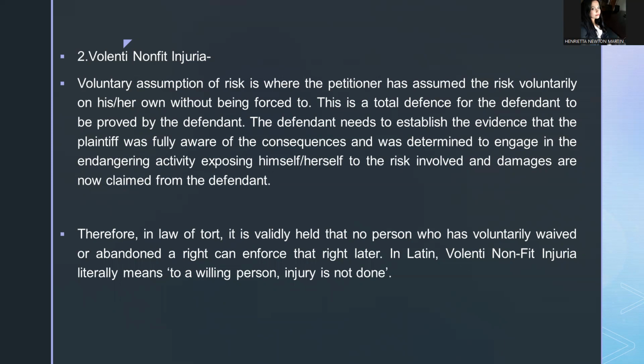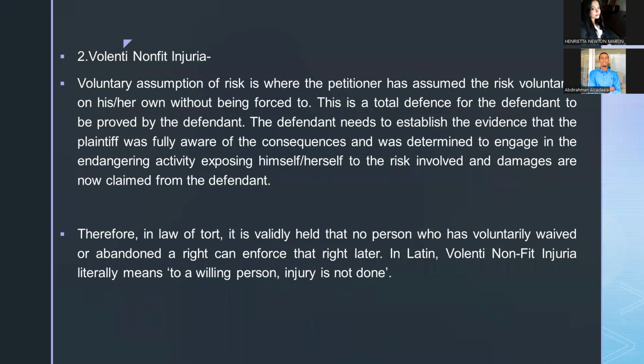But they sign a contract for whoever they are racing the car for, or even horse riding for that matter. So they know there is the possibility of being injured, or even in a cricket game or any game for that matter. They know that there is a possibility of some hurt, injury or harm that may be caused. So that comes under voluntary non fit injuria, where the defendant needs to establish the evidence.